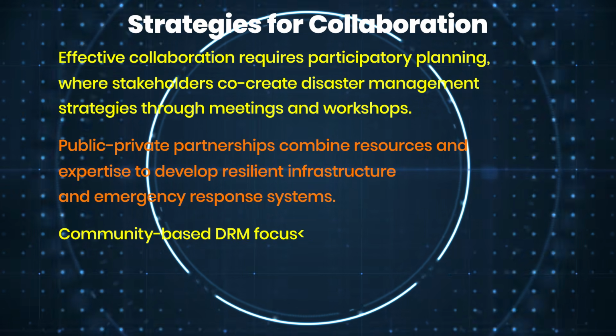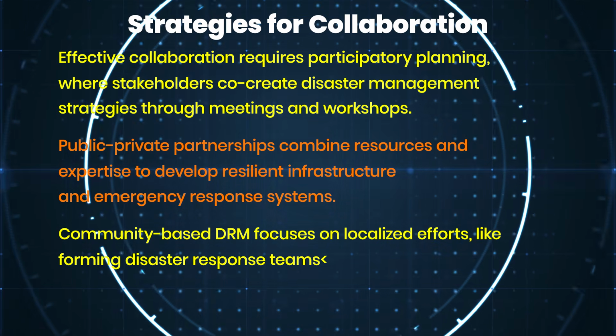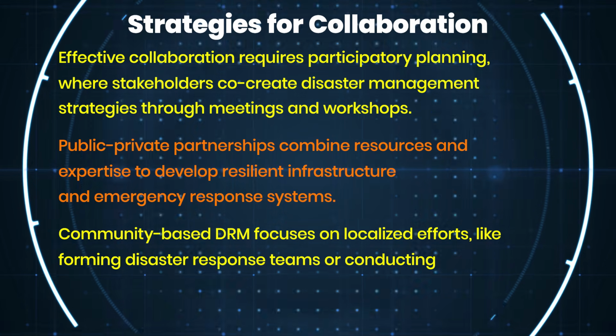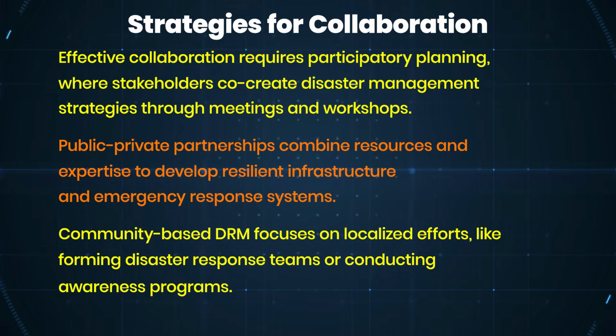Community-based DRM focuses on localized efforts like forming disaster response teams or conducting awareness programs at the local level. A telecom company partnering with a local government to establish emergency communication system can be a great example of collaboration in action.